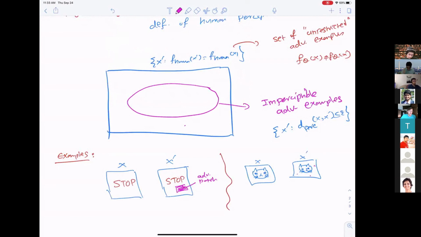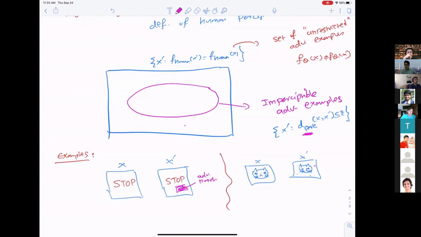But even this more restricted set that we have, the set of imperceptible adversarial examples, depends on a notion of human perception. Here we are saying that humans can tell the difference between X and X prime. So again, that is another difficulty that we have.